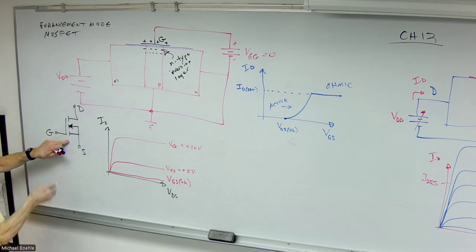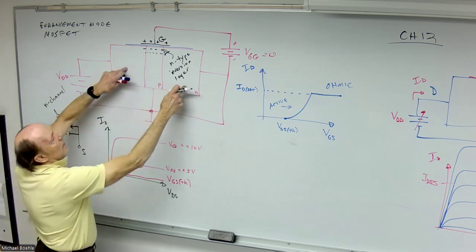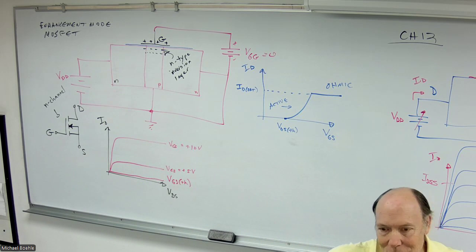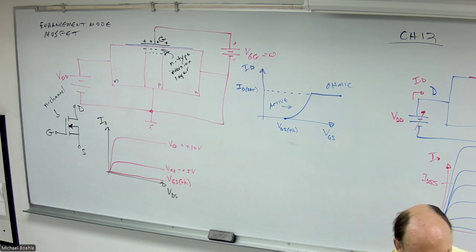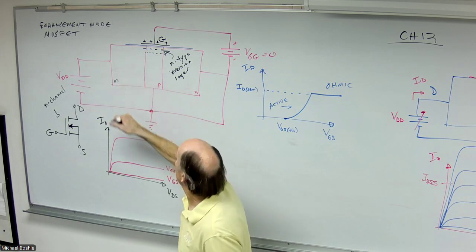Now, this is an N channel. You do this whole thing by reversing everything for the P channel.